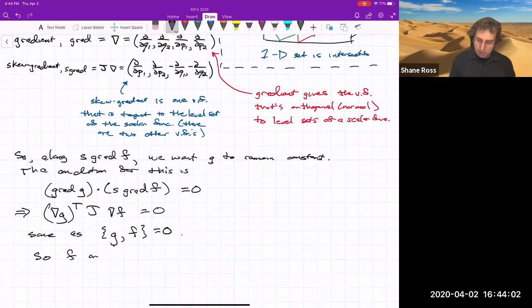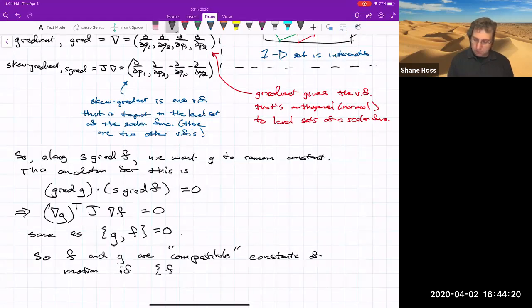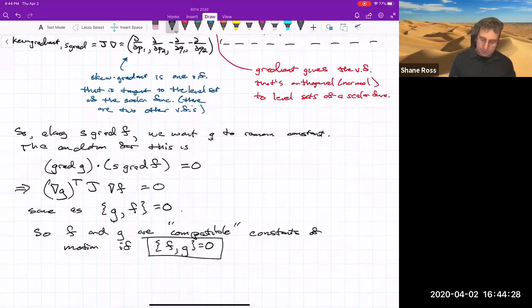F and G are compatible constants of motion, that phrase I used above, if the Poisson bracket of the two vanishes. Another way it is said is that F and G are in involution.